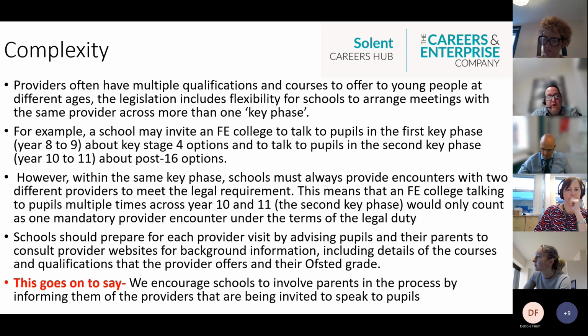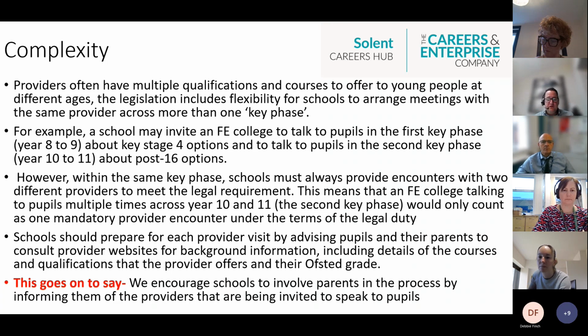Okay, so this is again where you're looking at having different options for your student groups. Schools should prepare for each provider visit by advising pupils and their parents to consult provider websites for background information, including details of the courses and qualifications that the provider offers and their Ofsted grades.